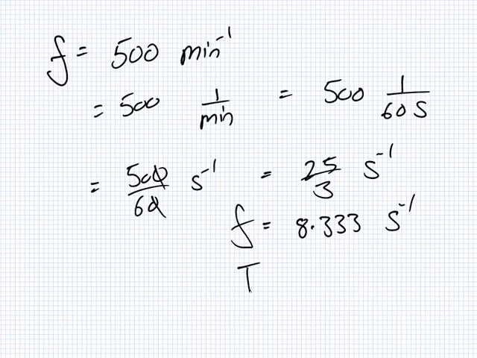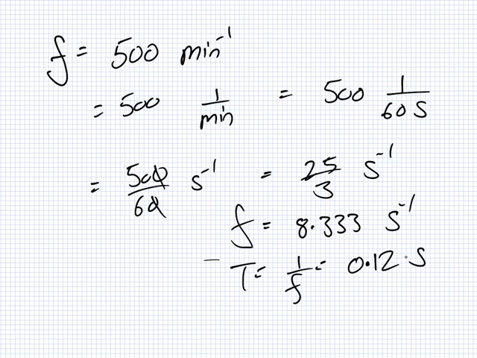So the T is, what was I asking for? The omega, wasn't it? So omega equals 2 pi over T. Yeah, I need to know the T. The T is 1 over F. I can do this. Let me think, 0.12?